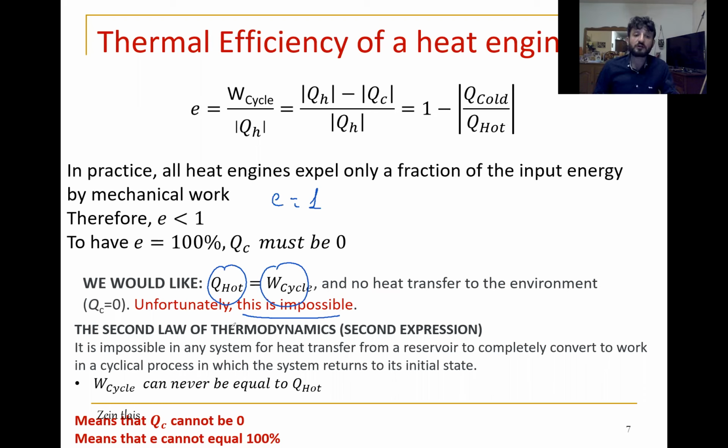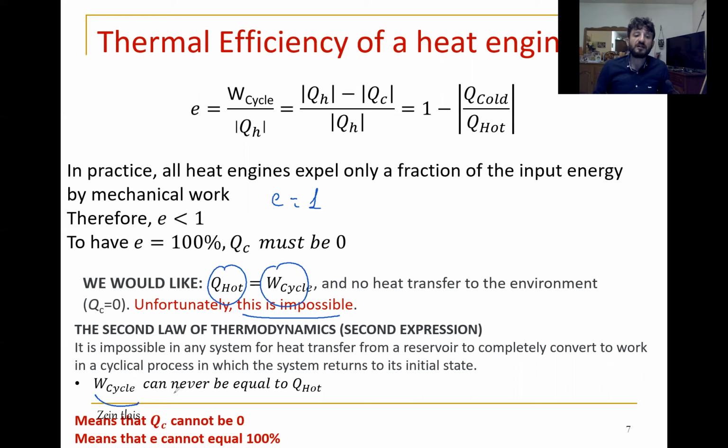The second law of thermodynamics, second expression: it's impossible in any system for heat transfer from a reservoir to be completely converted to work in a cyclical process in which the system returns to its initial state. So it's impossible to have zero Q cold.